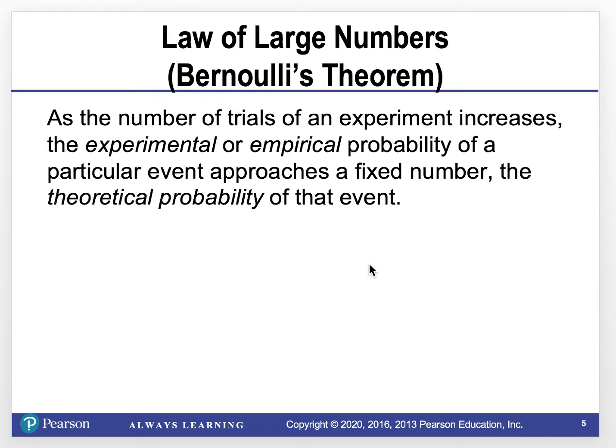So you might get 42 heads or 44 heads. If you flip it 1,000 times, theoretically you should get 500 heads, 500 tails. If you flip it 10,000 times, of course, 5,000 heads, 5,000 tails. And the more and more times you flip that coin, as your experiment size increases, you'll get closer and closer to that theoretical number. So that's what this law of large numbers is telling us.